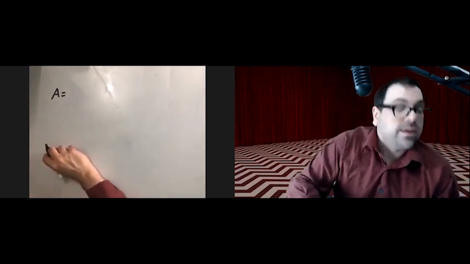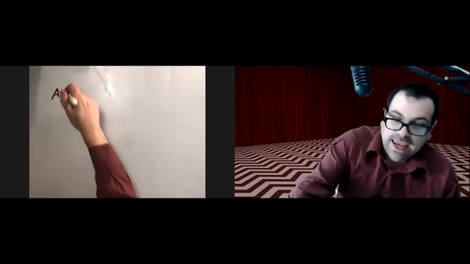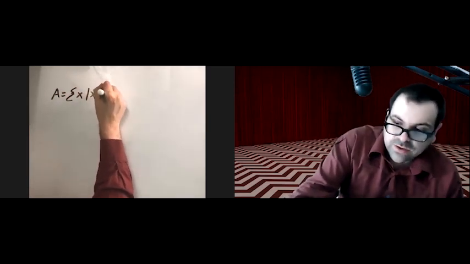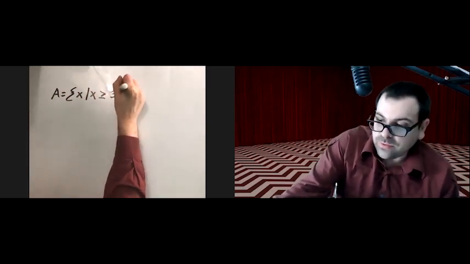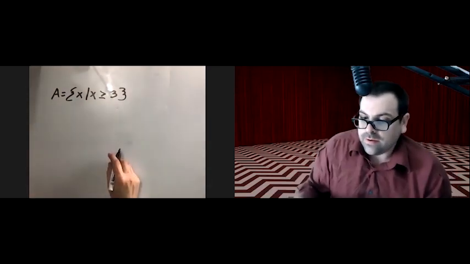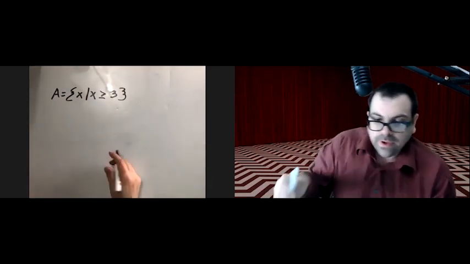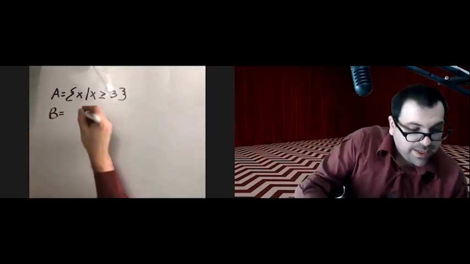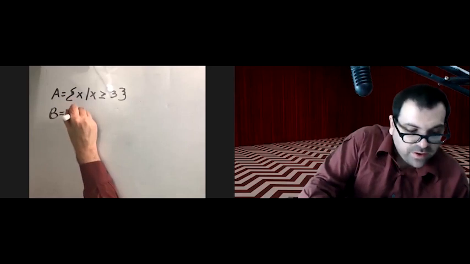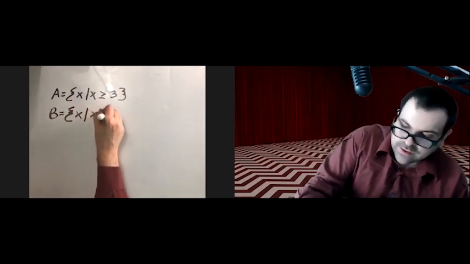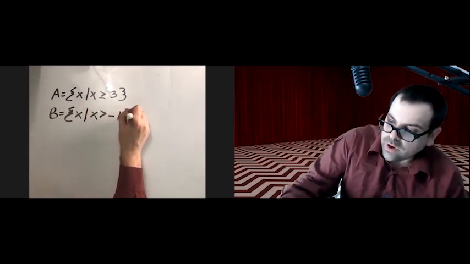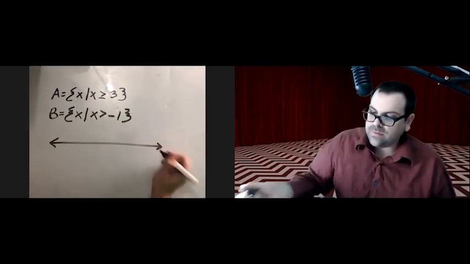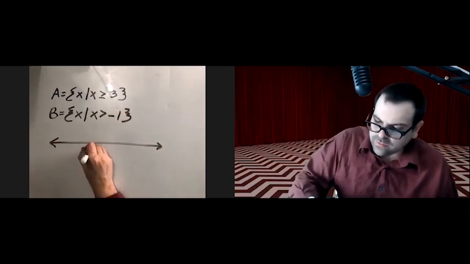We have set A. Set A is going to be the set of all x such that x is greater than or equal to 3. We have set B. Set B is going to be the set of all x such that x is greater than negative 1. On a number line, we would need negative 1.